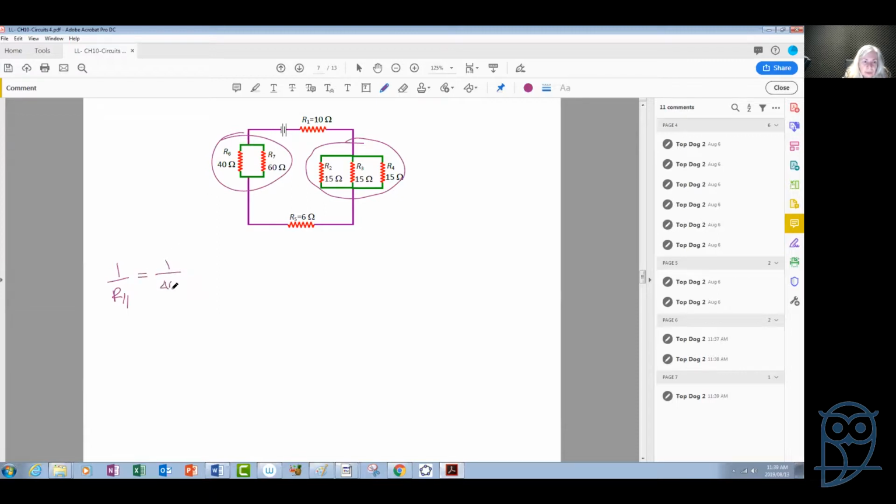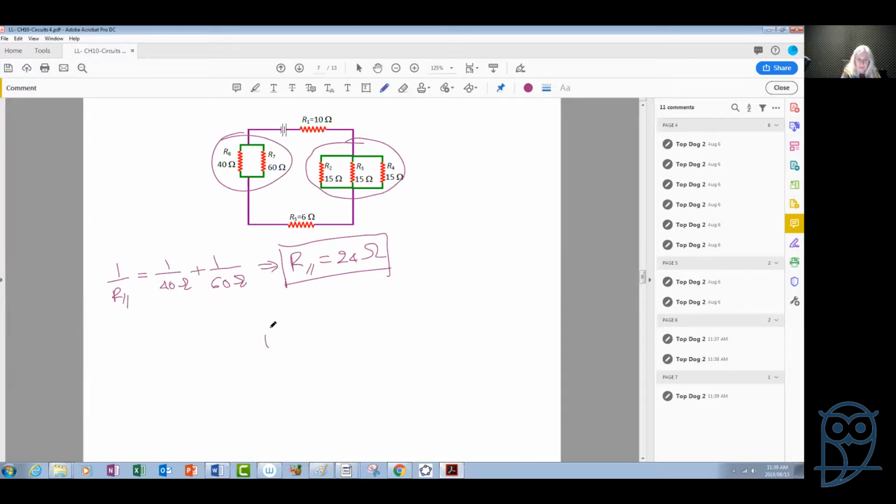It's 1 over 40 ohms plus 1 over 60 ohms, etc. We do the calculations, and if we solve for the equivalent, what do I find here? 24 ohms I find here. So this is 24 ohms if we do the calculations, right? So the resistance of the parallel connection on the left is 24 ohms.